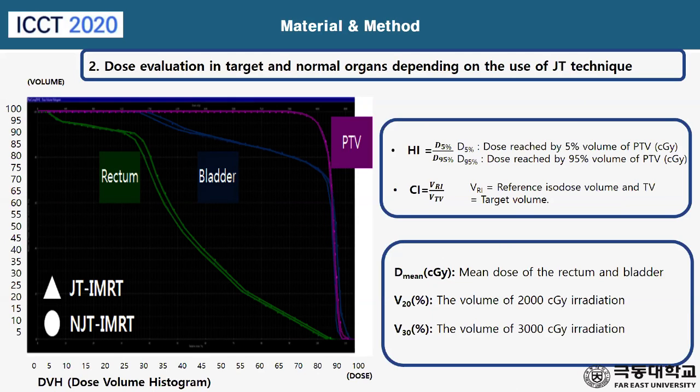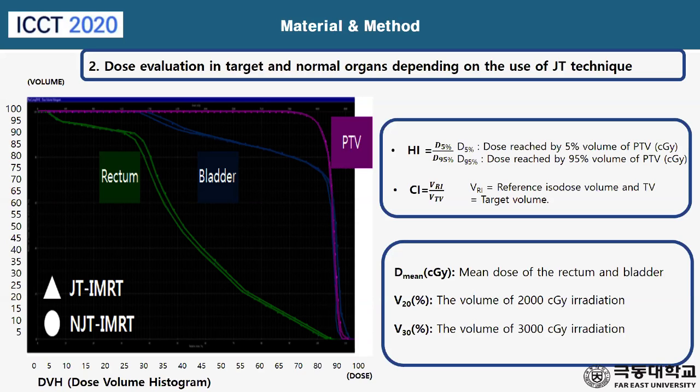2. Dose evaluation in target and normal organ depending on the using of jaw tracking technique. To evaluate the target dose of jaw tracking technique and the non-jaw tracking technique, the homogeneity index and the conformity index were compared.